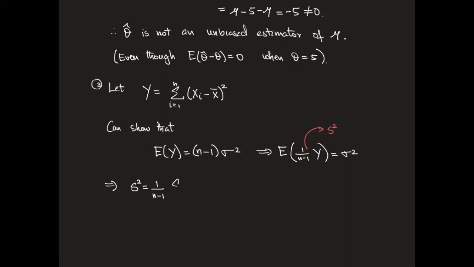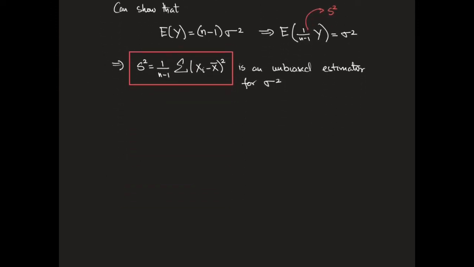So we can define the sample variance to be 1 over n minus 1 times the sum of the squared deviations. And this, as we have shown above, is going to be an unbiased estimator for the population variance sigma squared.